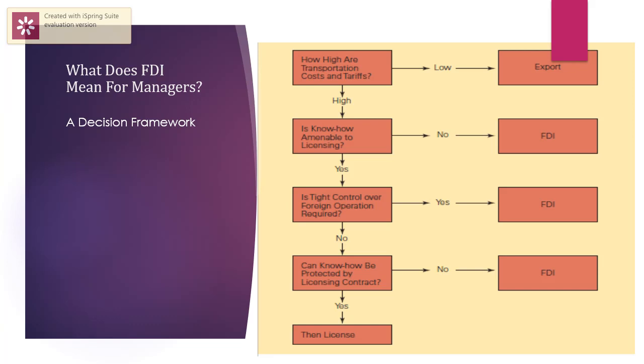If no, then we will move towards the other question: can know-how be protected by a license contract? That means, can you put a clause in your agreement for licensing regarding your worries? If not, and the other party is not agreeing to it, then better go for FDI. And if you get the answer yes, then the preferred, easiest, and less risky choice is licensing.